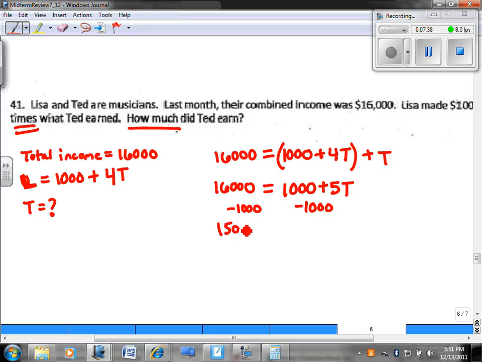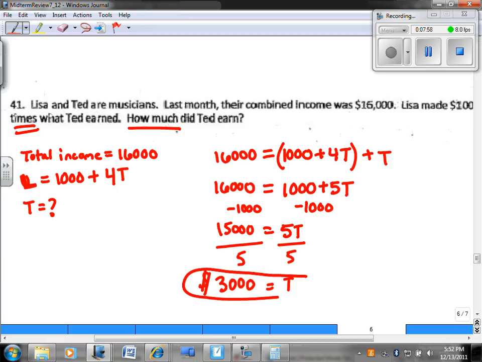We're left with 15,000 over here is equal to 5T. Divide both sides by 5. T equals $3,000. So Ted earned $3,000 last month.